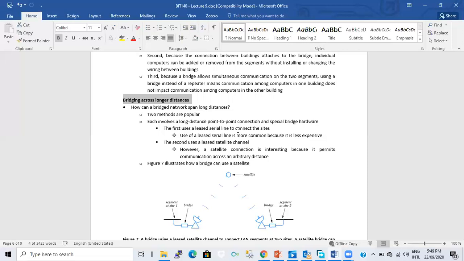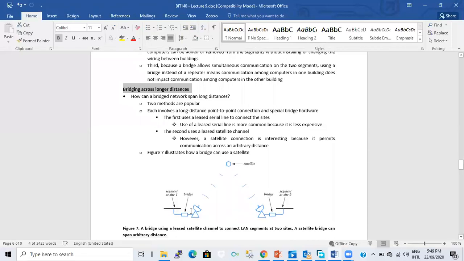The next option that you can use is satellite. You can have two satellite stations, one for your Kitwe office, the other for your Ndola office. But remember, satellites are not that cheap to use. So the second option may not really be viable.